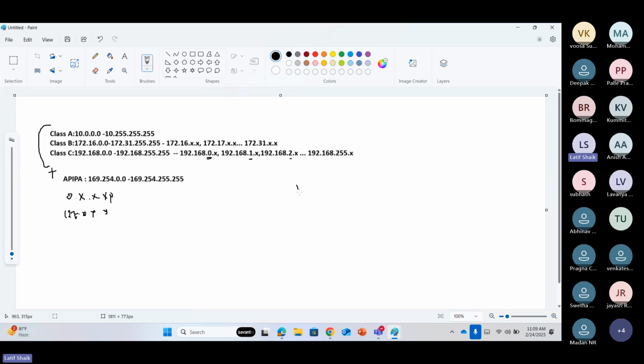For example, 11.0.0.0 is public again. 12 is public again. 9 is public again. 172.15 is public, 172.32 is public. 172.16 to 172.31 is private.